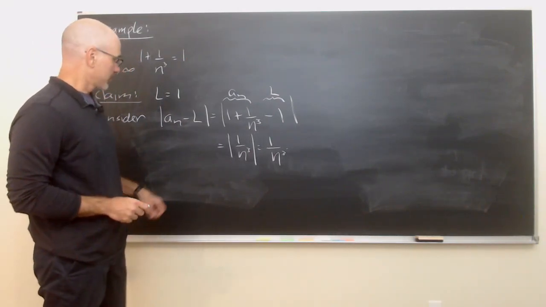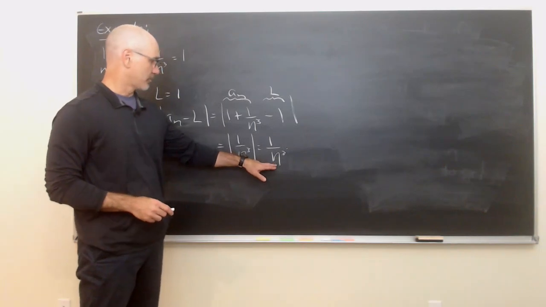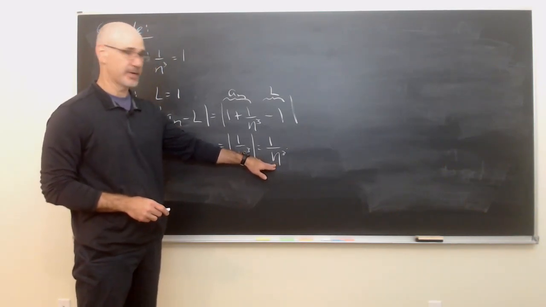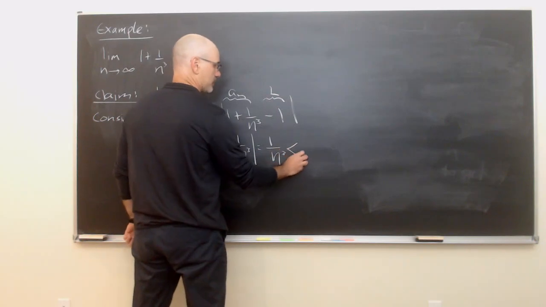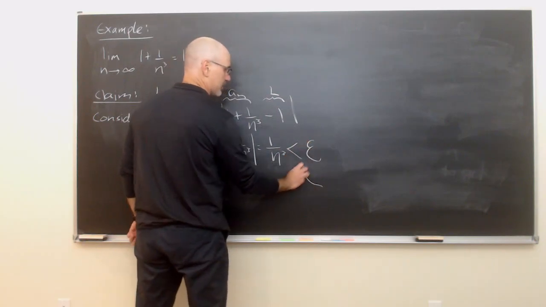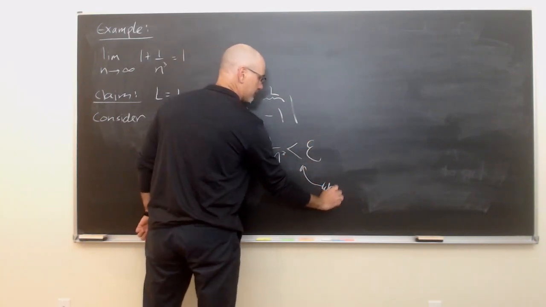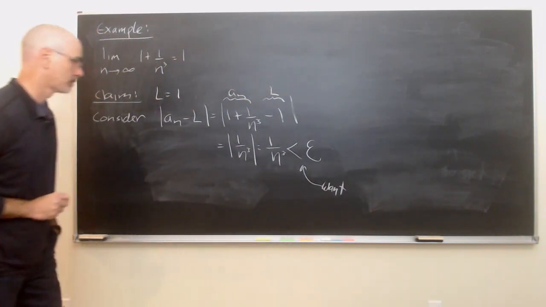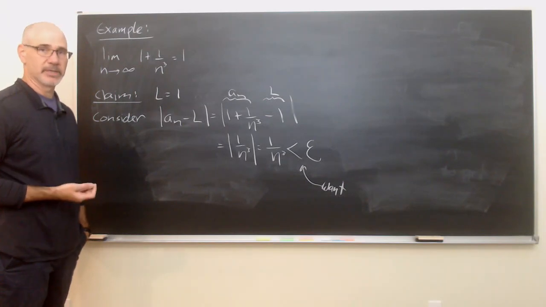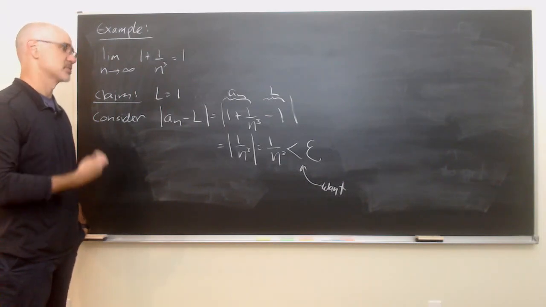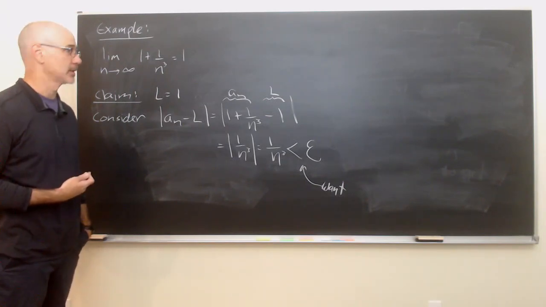Now, what we're trying to do, remember, is arrange for the a_n minus L, which we simplified to 1 over n cubed, to be made less than epsilon. So this is what we want to have happen. So we do some more algebra to figure out how big n has to be in order for this 1 over n cubed to be less than epsilon.